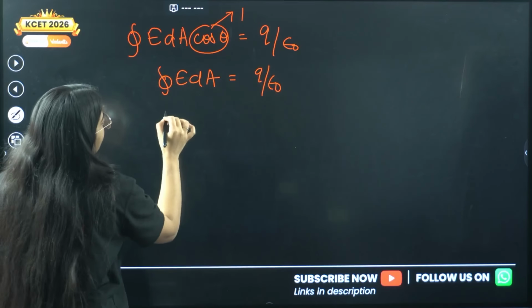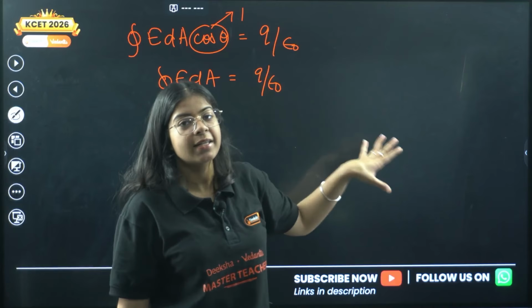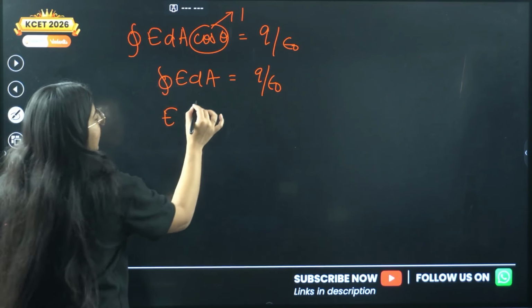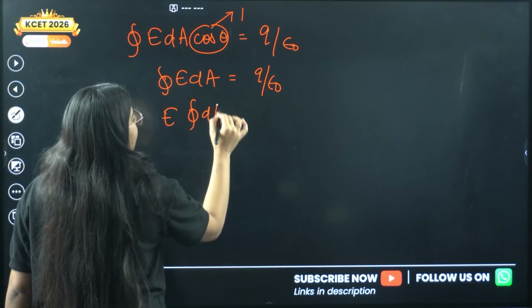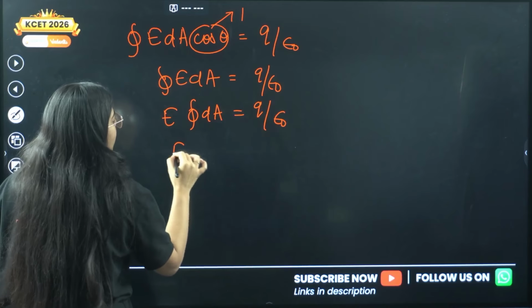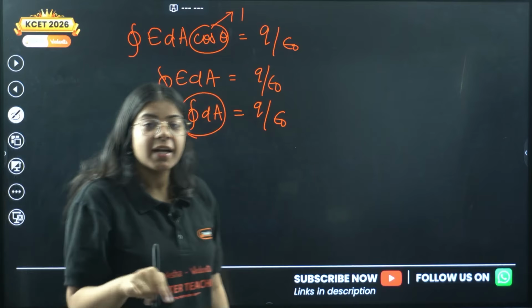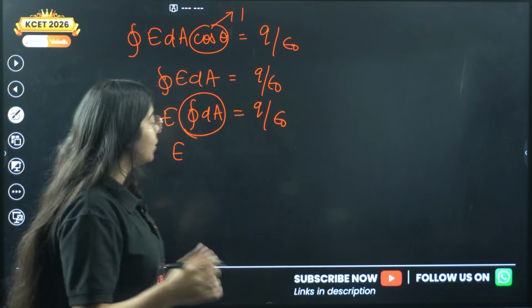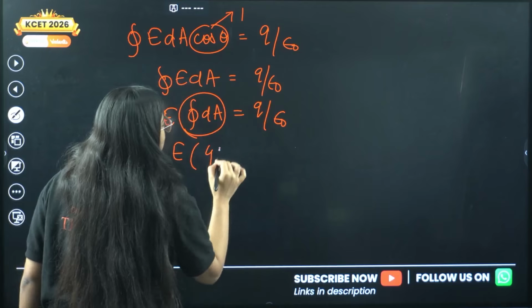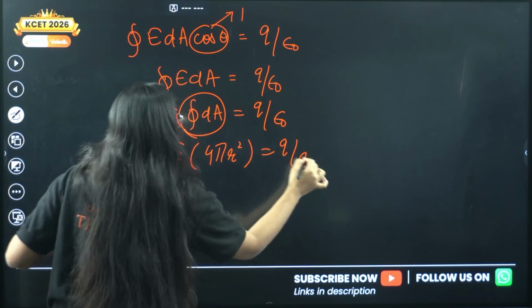Since E is constant over the whole Gaussian surface, we can take E out. The closed integral of dA gives the area of that spherical surface, which will be 4 pi r square, so E times 4 pi r square equals Q by epsilon naught.